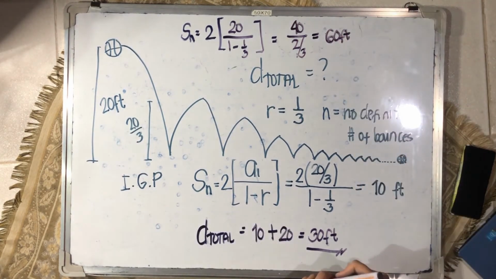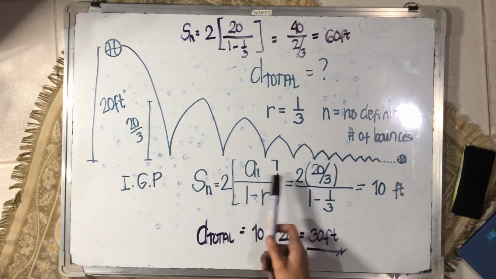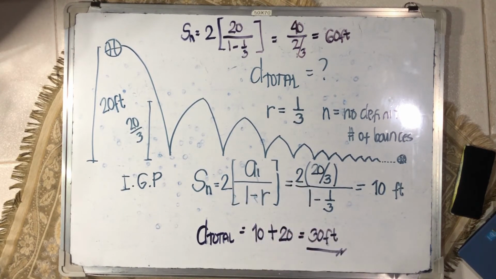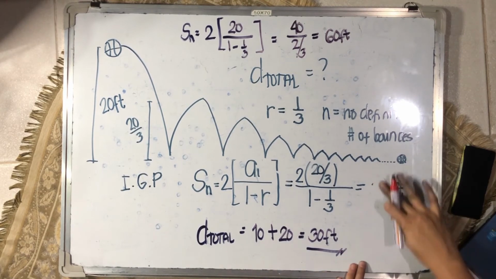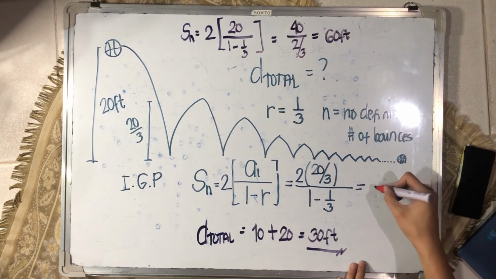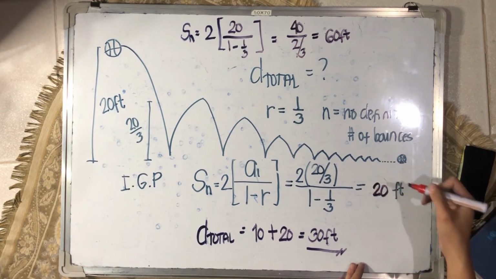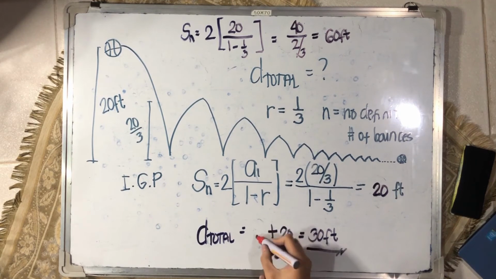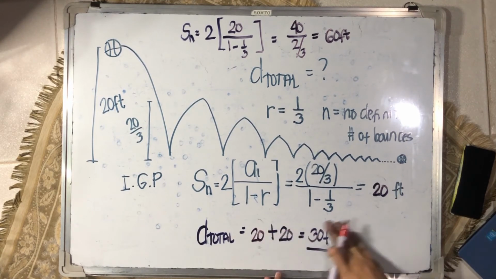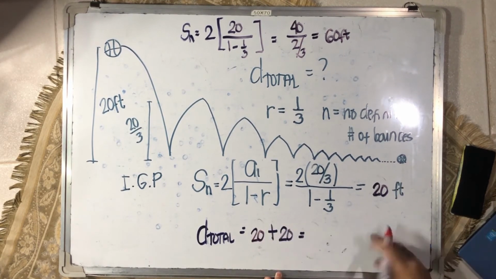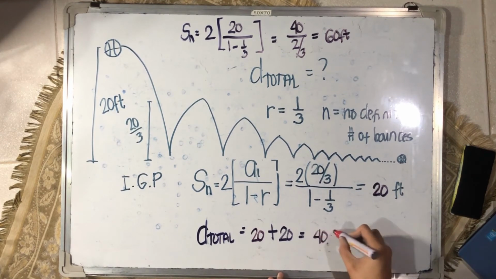Let us check our solution here. We're live, so bear with me. This is 20 over, this should be 40 over 3 divided by 2/3. I'm sorry, this should be 20. Let me correct myself here. This should be 20, and this should be 20 as well. So the total distance should be 40.